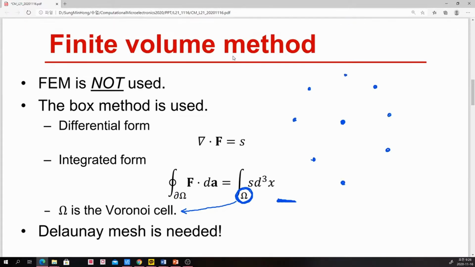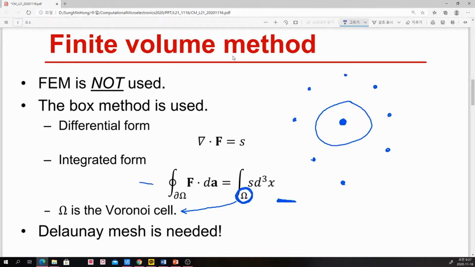Then the natural question is: now we understand that if we integrate the equation over a certain small box surrounding the center node here, then in every form of omega we will have this equation.